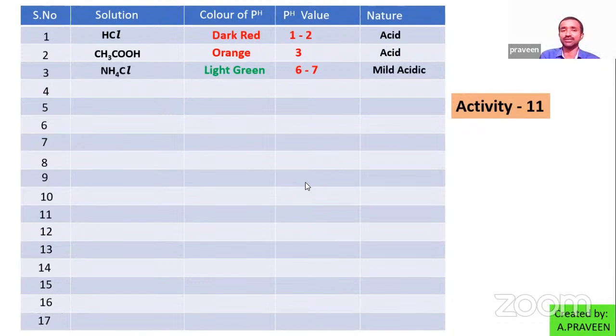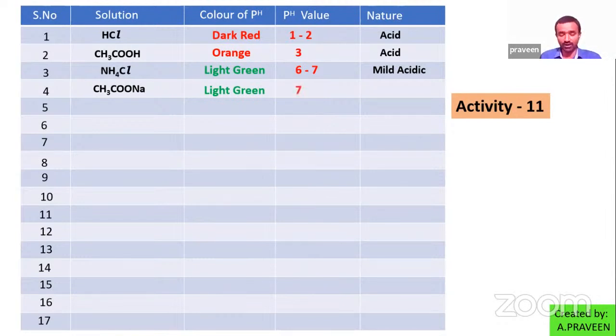Mild acid. The next substance here is sodium acetate. It also gives you light green, but changes. So you have to observe. Green, dark green, left side and right side also it gives you green color, but yellowish green, bluish green, like that we have differences. According to that, you assign the value.